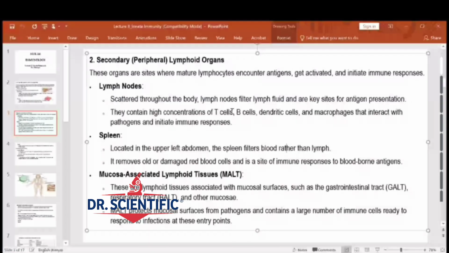So basically antigens are presented to T cells. We said we have two types of T cells generally, helper cells and T cytotoxic cells.